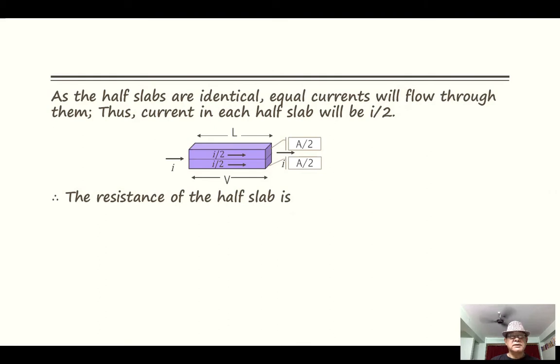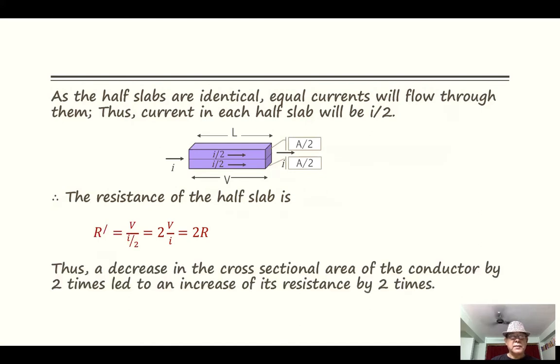Therefore, the resistance of the half slab is R dash equal to V divided by I by 2, equal to 2 multiplied by V by I, equal to 2R. Thus, a decrease in the cross-sectional area of the conductor by 2 times led to an increase of its resistance by 2 times.